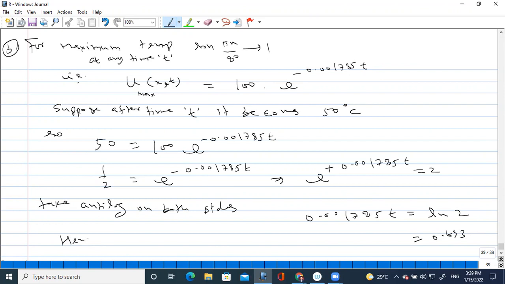Hence time will be 0.693 divided by 0.001785, and that value will be 388 seconds. So like this you can find out. Note down this.